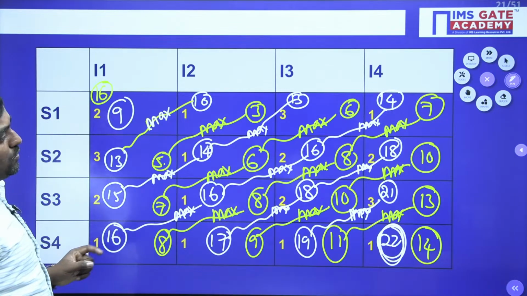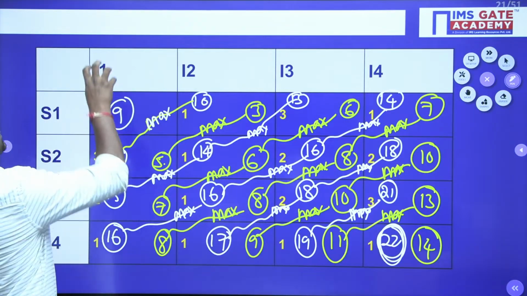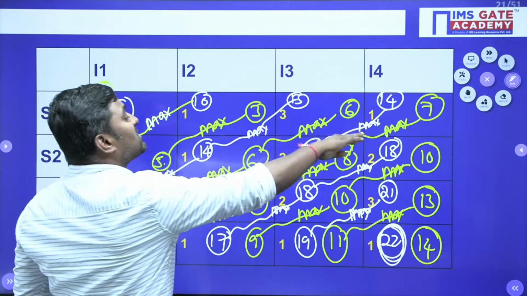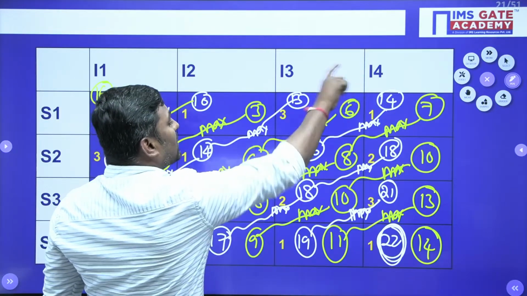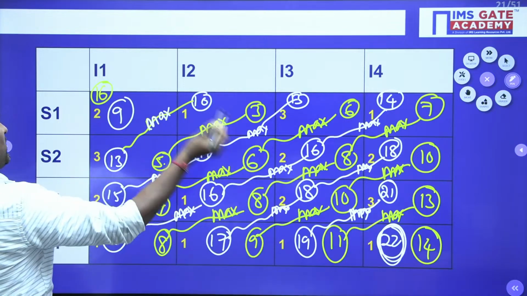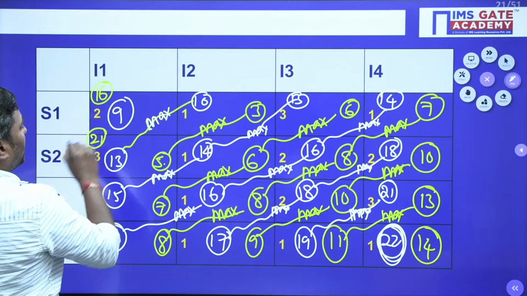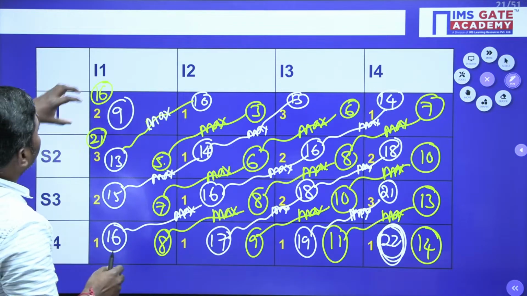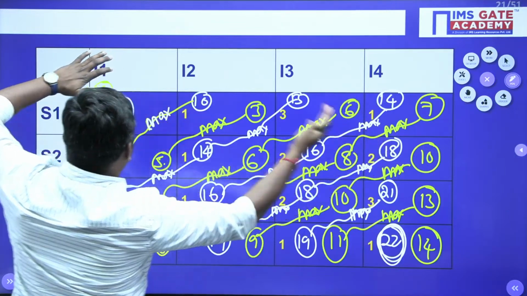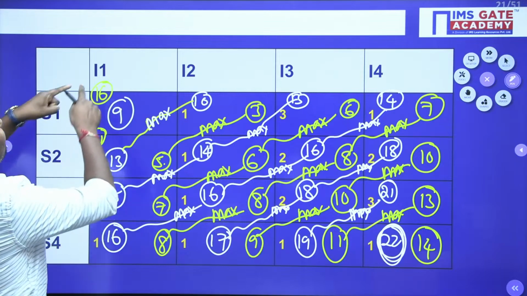You have to check when this is completing, because for I1 stage 2 should be free from the previous instruction. What is the previous instruction? I4, so 18. 18 plus 3 is 21. Meaning maximum of 16 and 18, you have to take 18. Then S3 I want to give for I1.